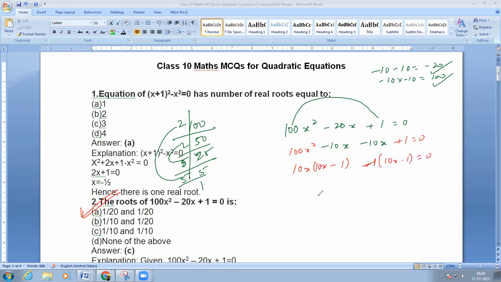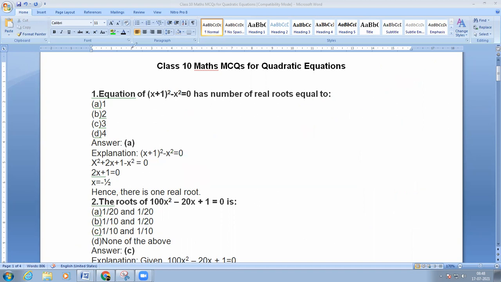So it will be (10x minus 1) into (10x minus 1) equal to 0. So 10x minus 1 is equal to 0 and 10x minus 1 is equal to 0. So they have equal roots, which is 1 upon 10. Both values come to be 1 upon 10. So the answer will be C, that is, 1 upon 10 and 1 upon 10 are the roots of this equation.